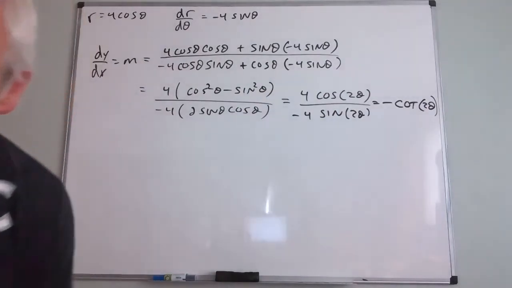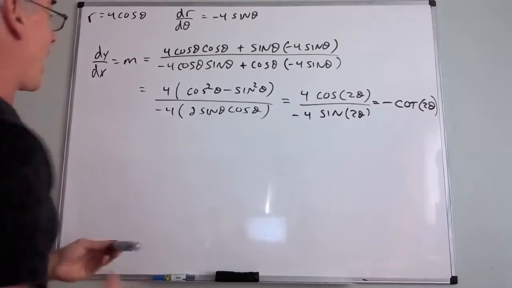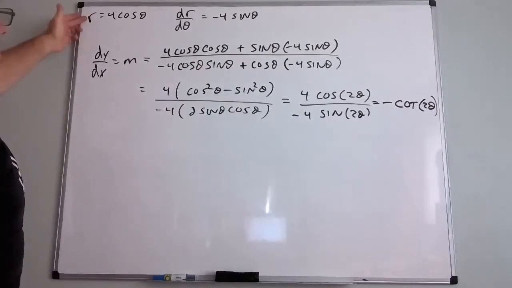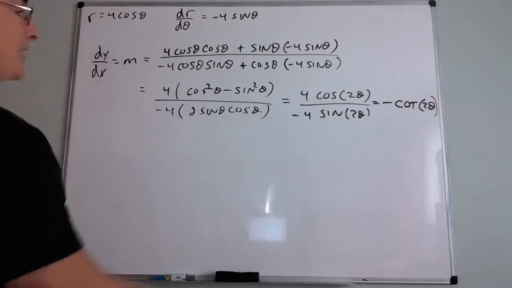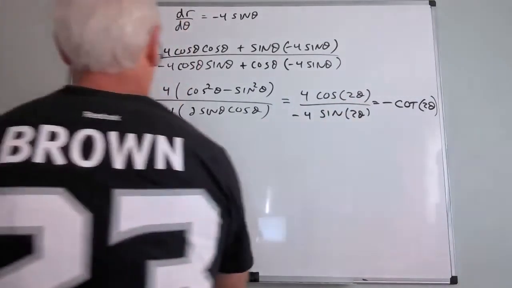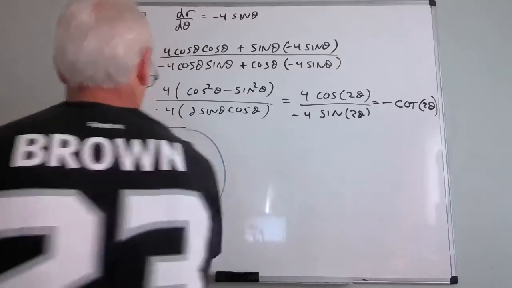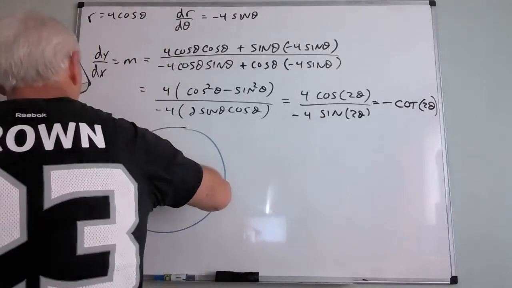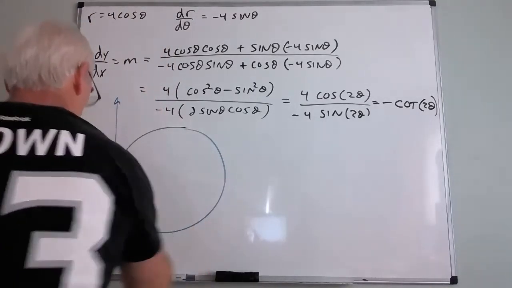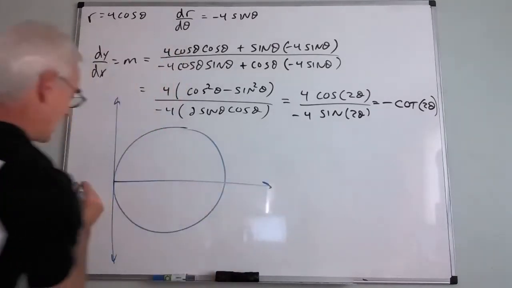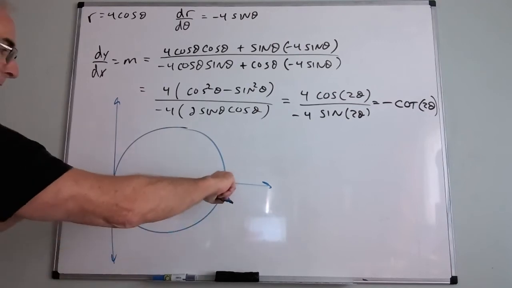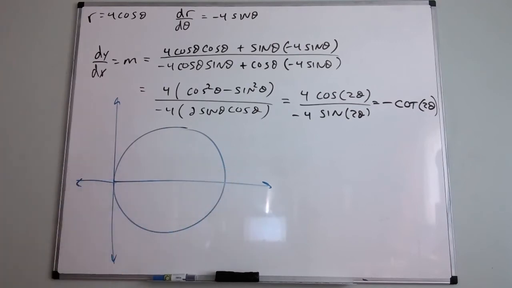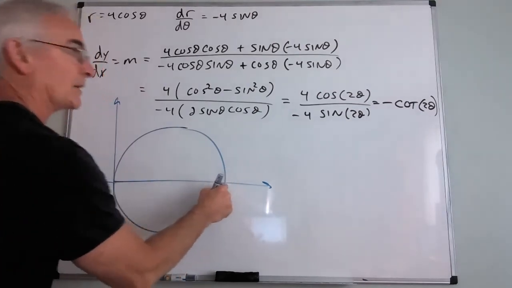So now let's go back to our picture and see if this makes any sense. I'm saying for this polar graph, the slope of the tangent line for every value of theta is simply this. Now, we agree that this should have a couple of vertical tangents, probably right about here and here. This corresponds to an angle of 0.